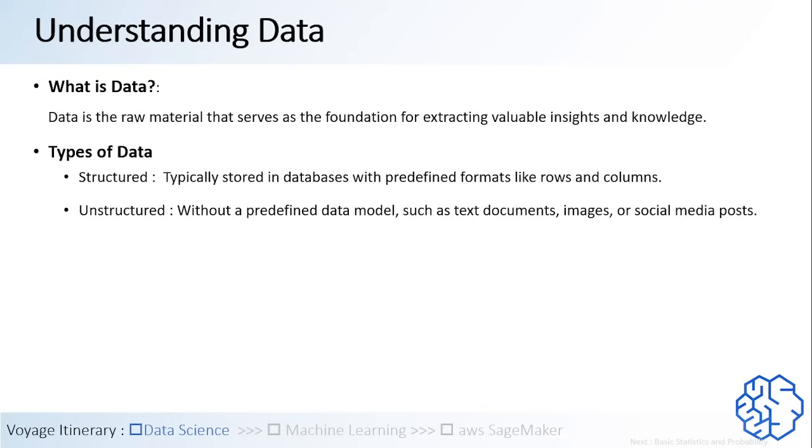Now, when we talk about types of data, it is important to know that in today's world, data comes majorly in two formats, right? When I say majorly, that means there are some other formats as well, but because we want to focus on an introductory session, we are going to talk about two important formats of data.